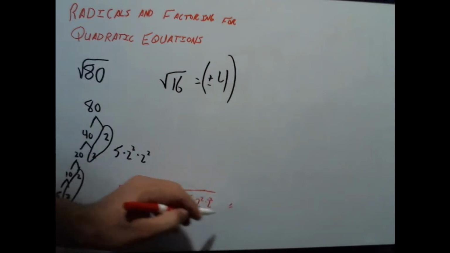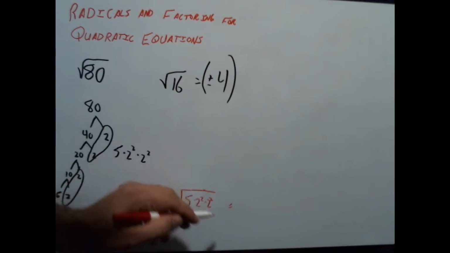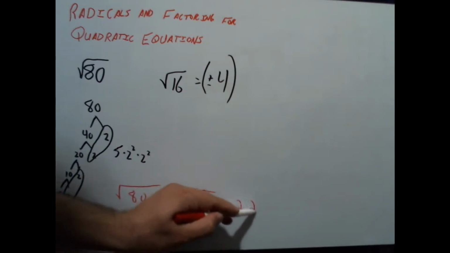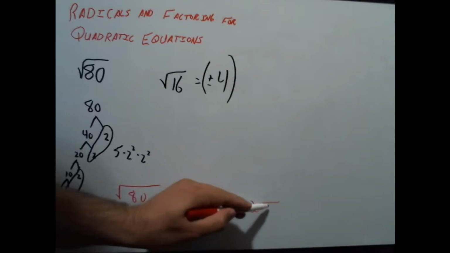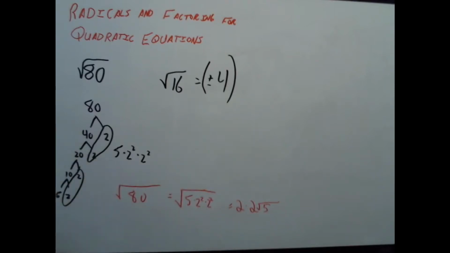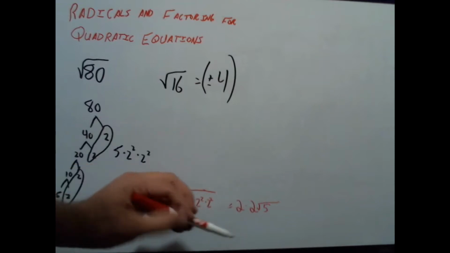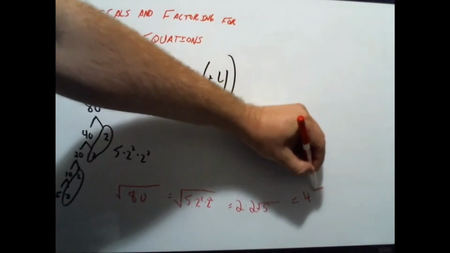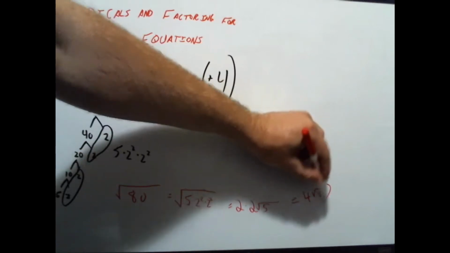That means when I pull it out of the radical, I got to take that squared off. So I'll say 2 times 2 times radical 5. 2 times 2 is 4. This will ultimately end up as 4 radical 5.